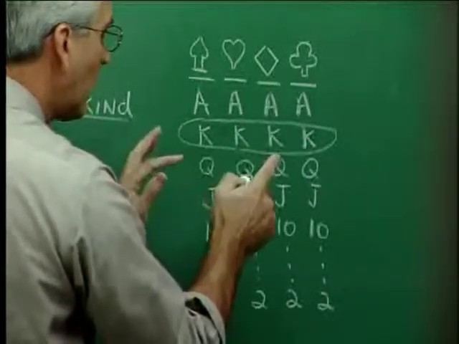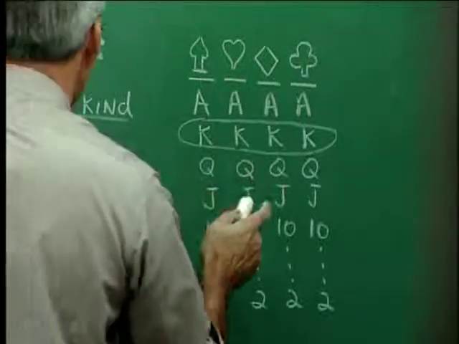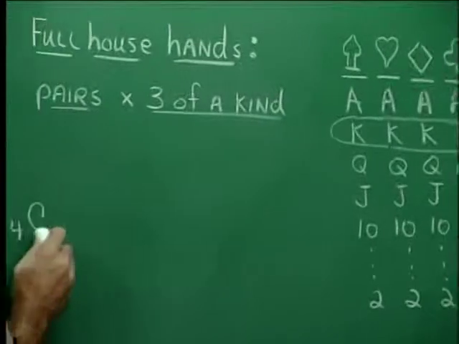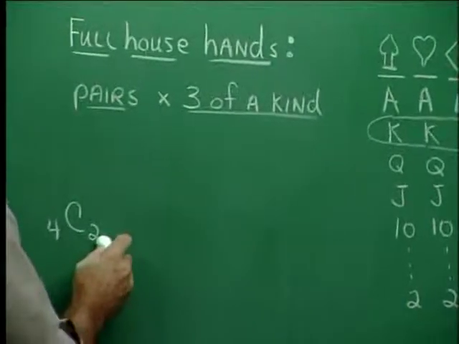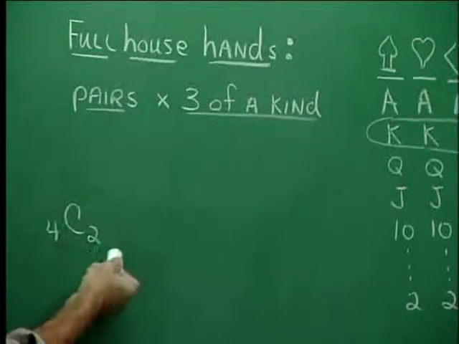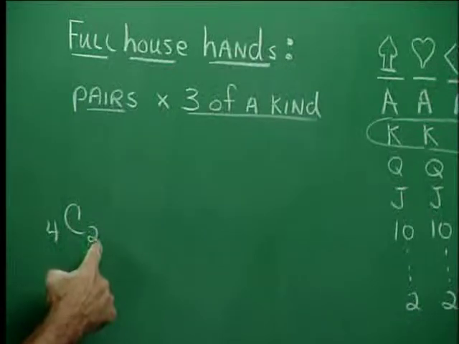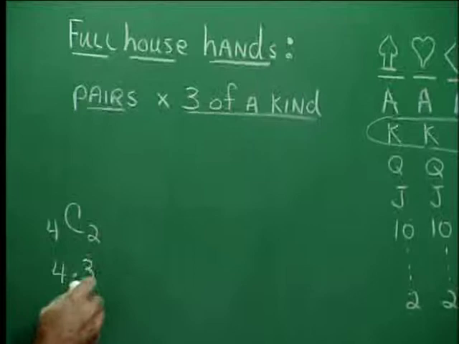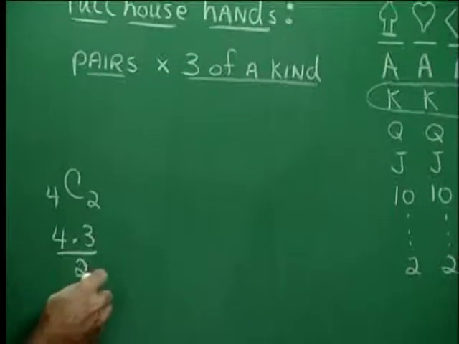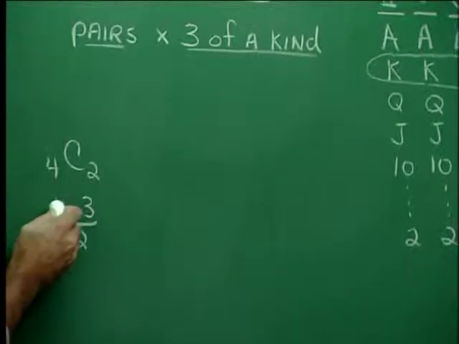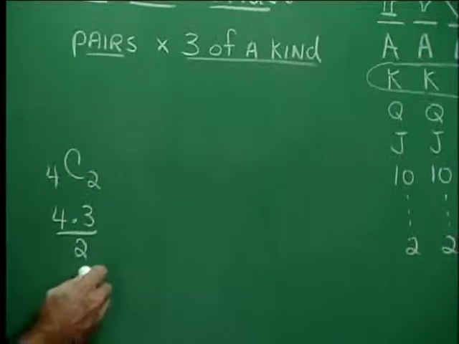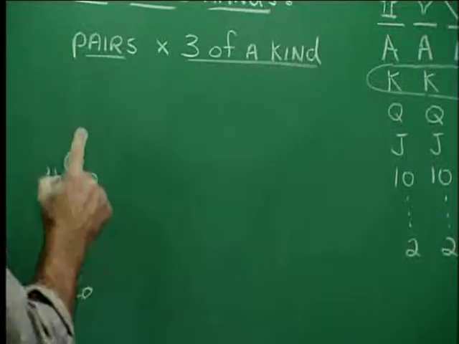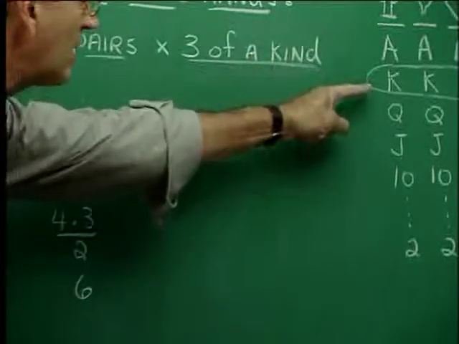So really, we're calculating the combination of 4 things taken 2 at a time. The calculation is made as, in the numerator, we have 2 factors starting with 4. So we have 4 times 3, and in the denominator, 2. 2 and the 4 cancel, 2 times 3, 6. So there are 6 pairs of kings possible in the group of kings.